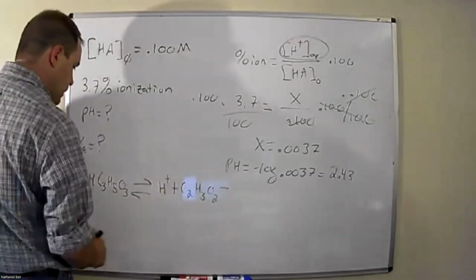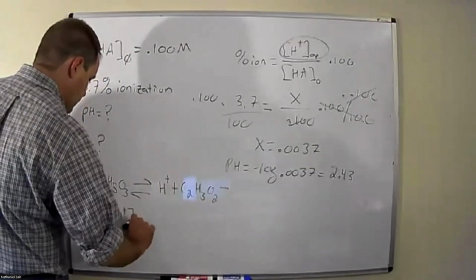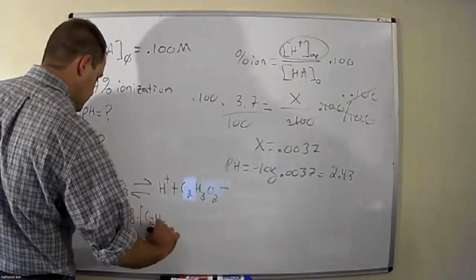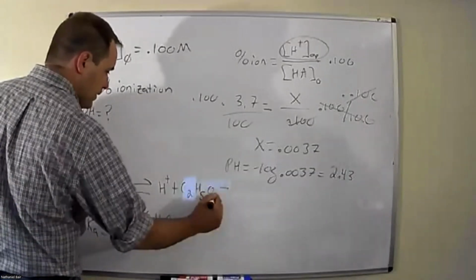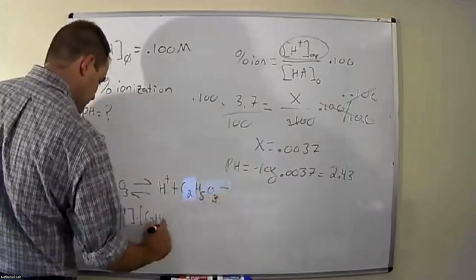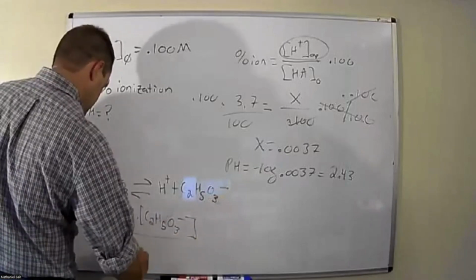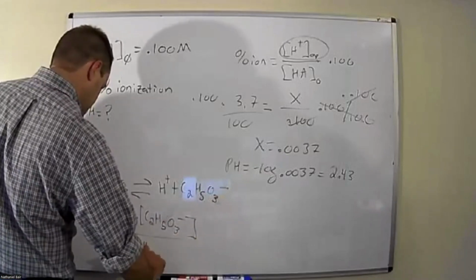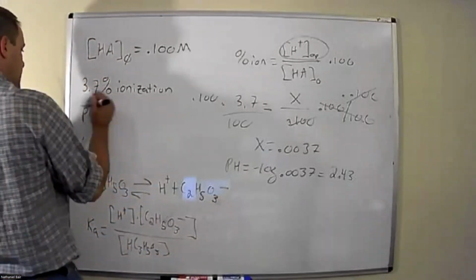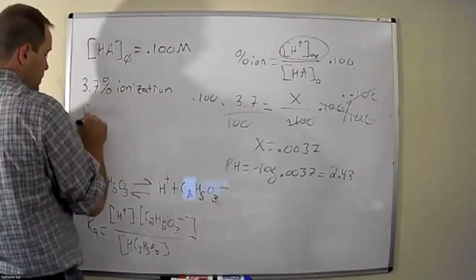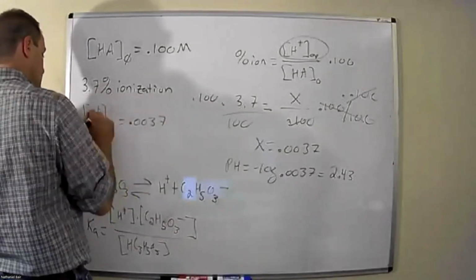We are going to make a mass action expression. And let me write down the equilibrium H plus ion concentration, 0.0037.